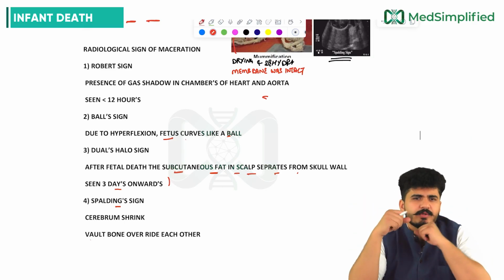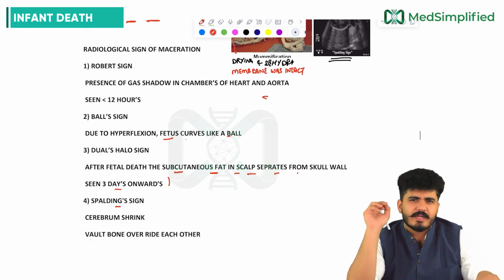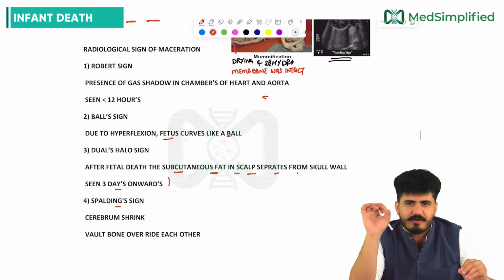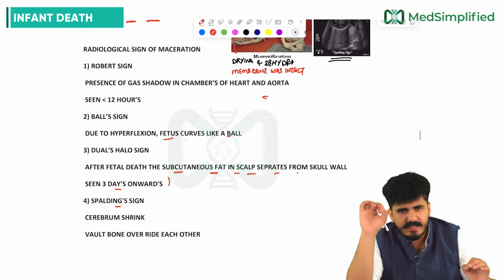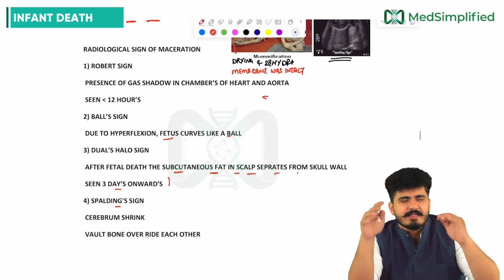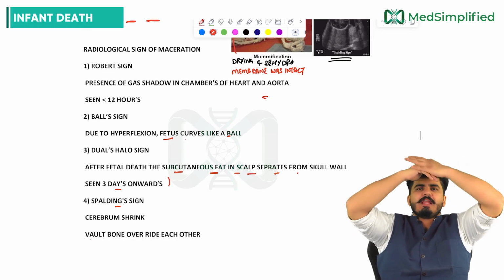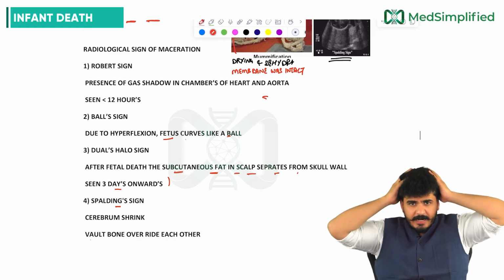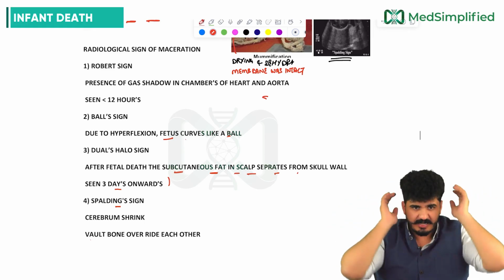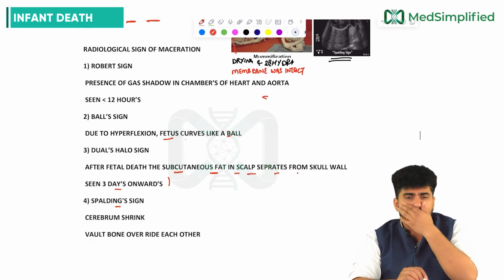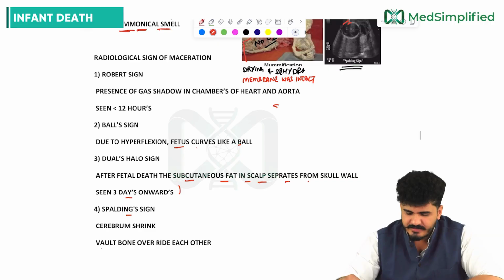Then Duval's halo sign: after fetal death, the subcutaneous fat in the scalp separates from the skull wall, seen from 3 days onwards. Spalding sign: the cerebrum shrinks and the skull vault sutures overlap each other, making the head look compressed. So these are the important signs of maceration.